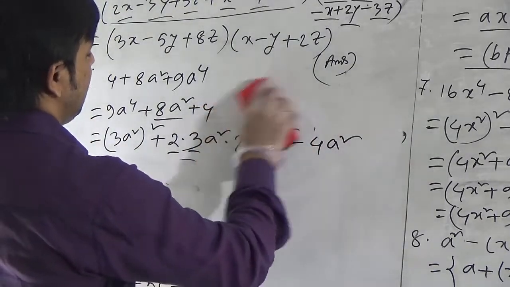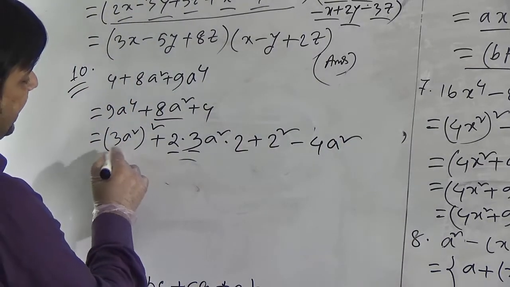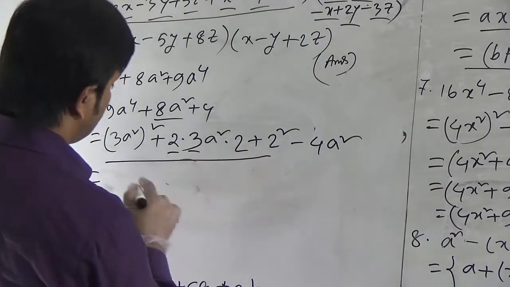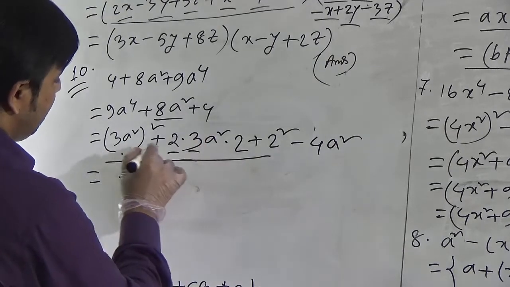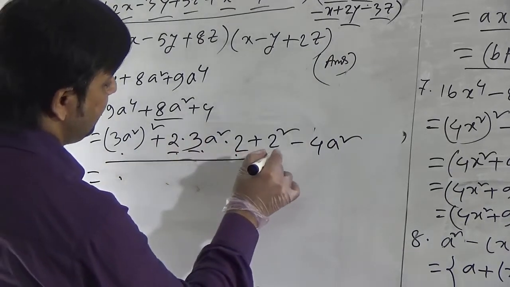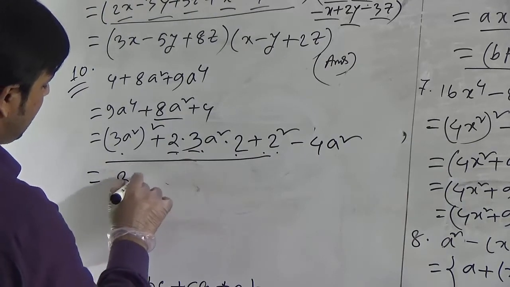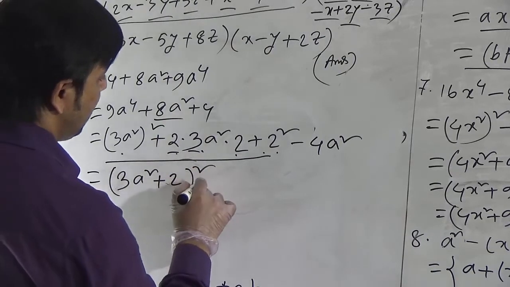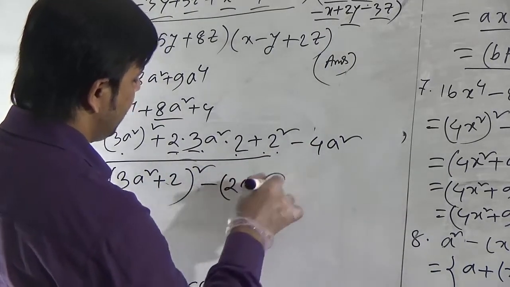Now, if we consider 3a square as A and 2 as B, from this portion we will get A square plus 2AB plus B square. It means A plus B whole square. Here A means 3a square, B means 2, whole square, minus 4a square, which we can write as 2a whole square.